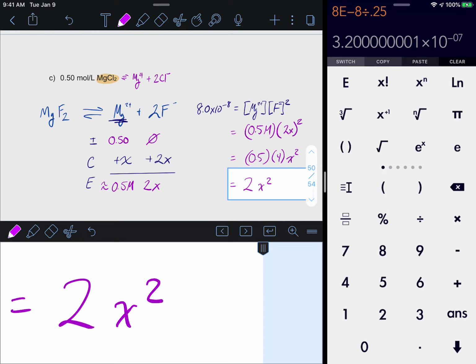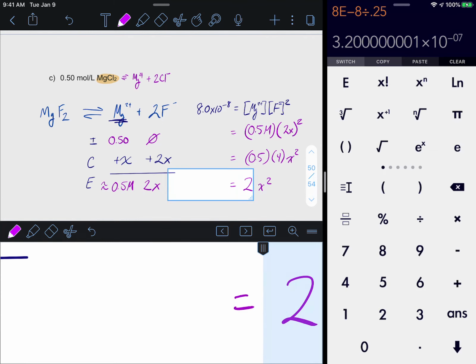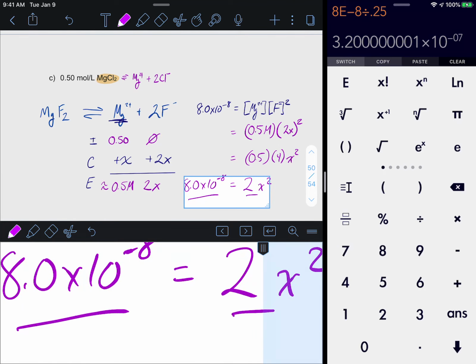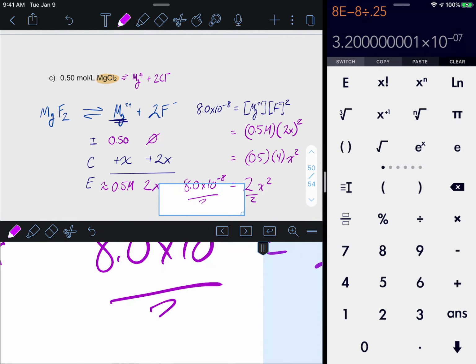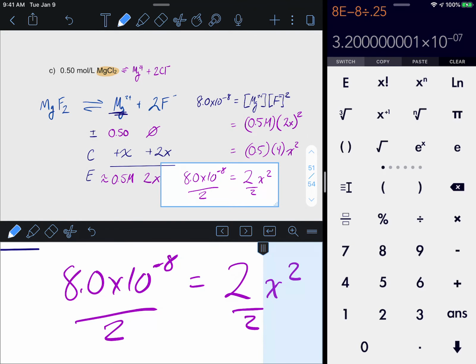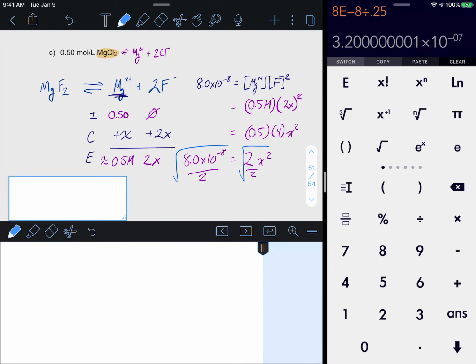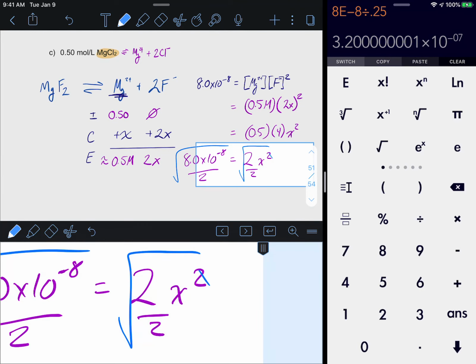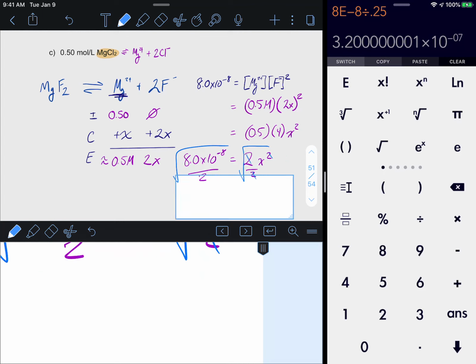x squared, and so we can bring our number down, 8.0 times 10 to the negative 8, divide the 2 away, and then do your square root here, square root to get rid of that square, and all those go away.